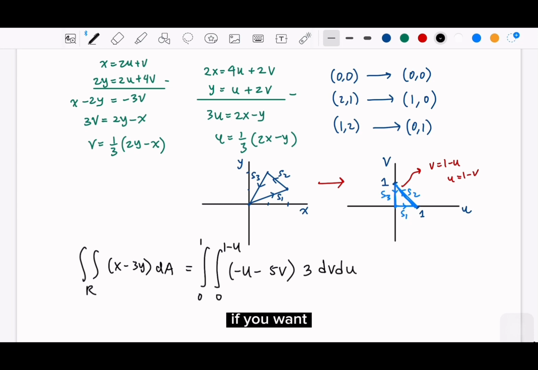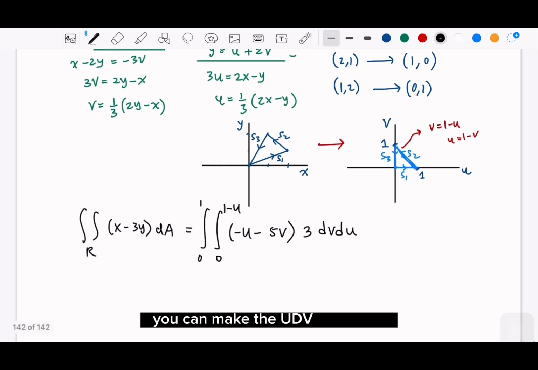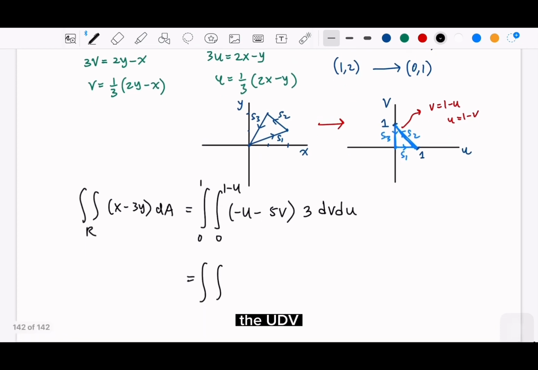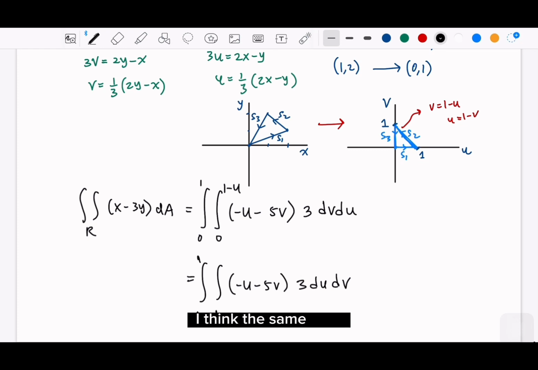Or if you want, you can make it du dv, from 0 to 1. I think the same, right? And each way you will get the results, okay? You can just compute.